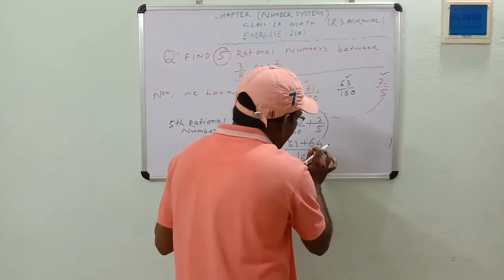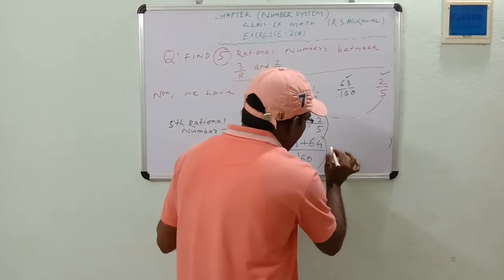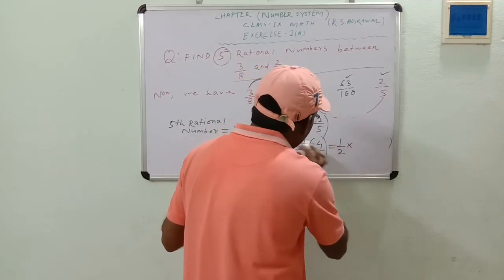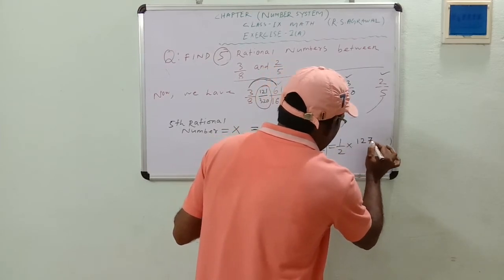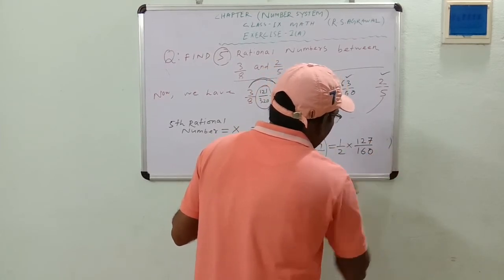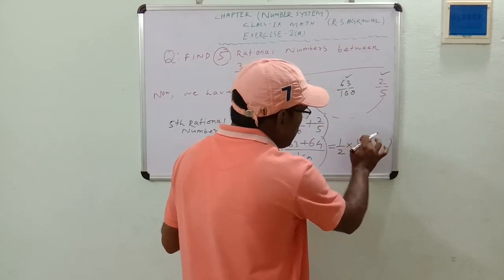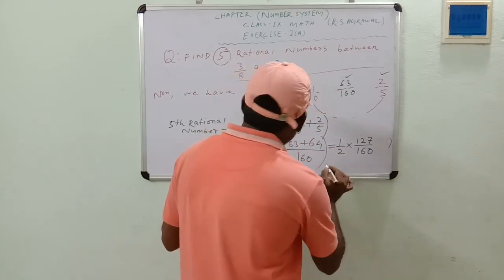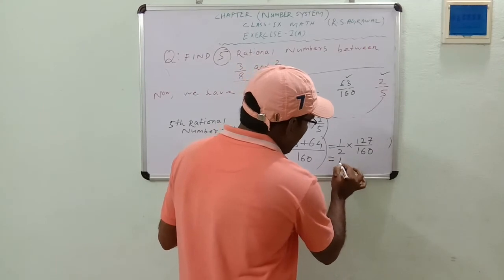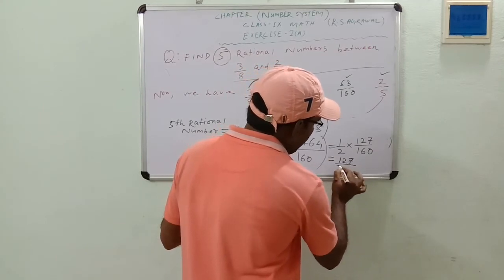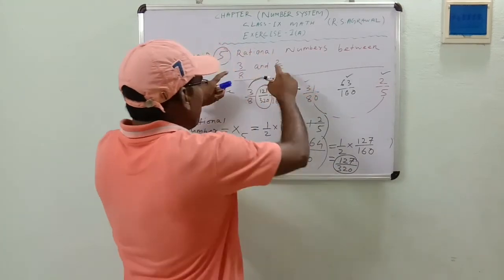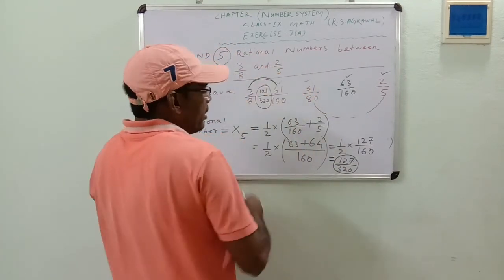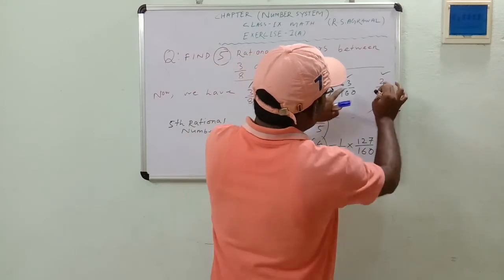In place of 2 you will write 64, equal to 1 by 2 into, add these two, 1 by 2 into 127 by 160. So finally you got 127 by 320. It is the fifth rational number between your given rational numbers. But actually it is the middlemost of these two rational numbers.